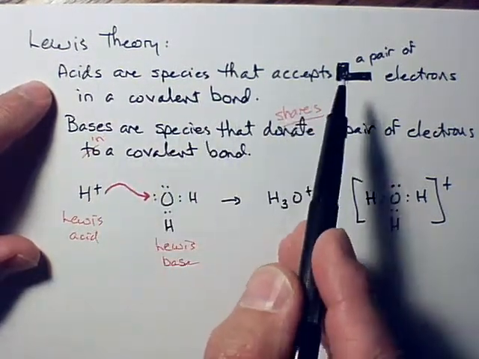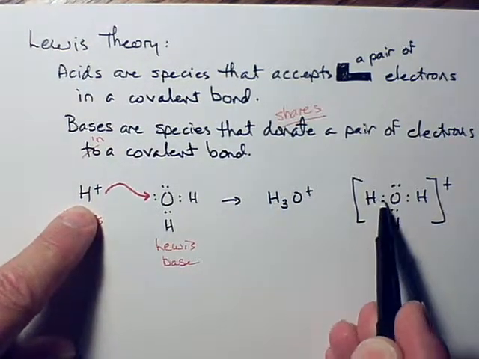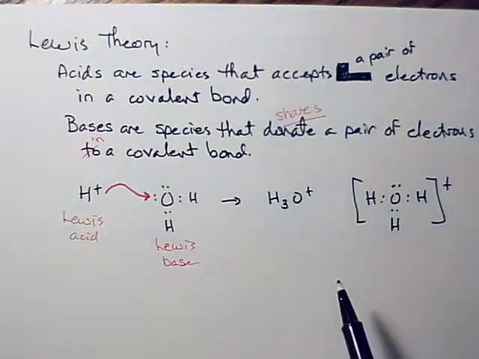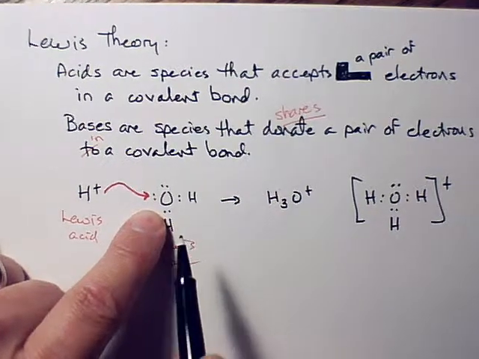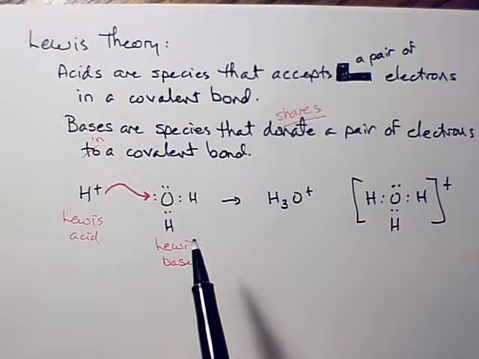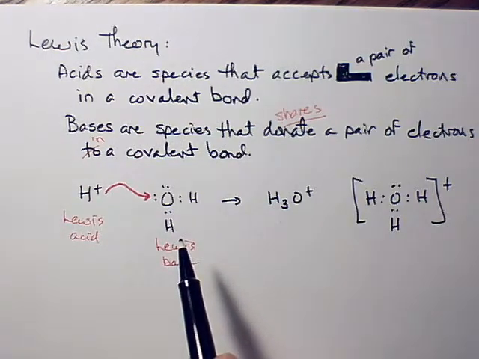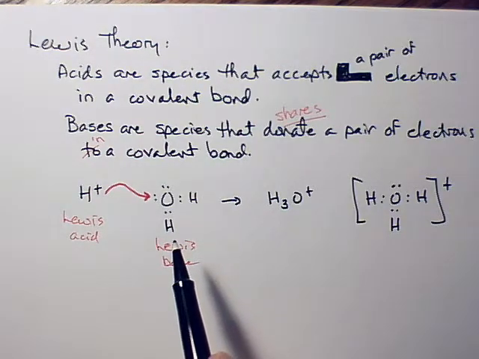Acids are any species that accept a pair of electrons. Well, the hydrogen ion accepted that pair of electrons into this covalent bond. If I were using the Bronsted-Lowry theory, that's what we use as our definition of a base. Anything that accepts a proton, according to Bronsted-Lowry, is a base, right?